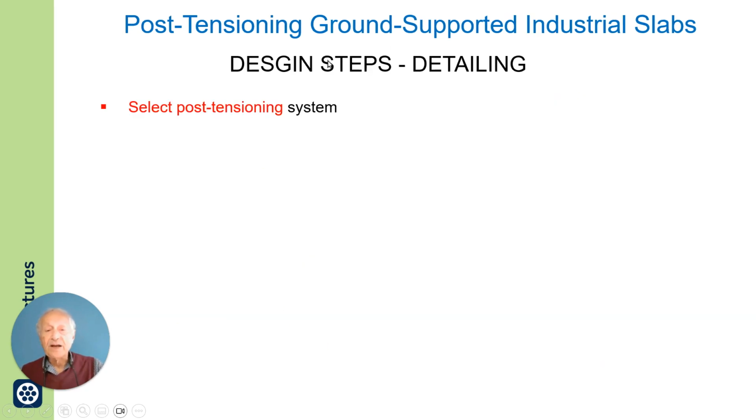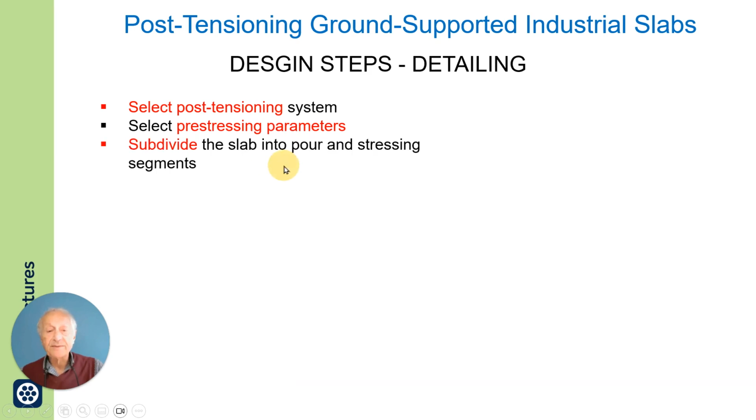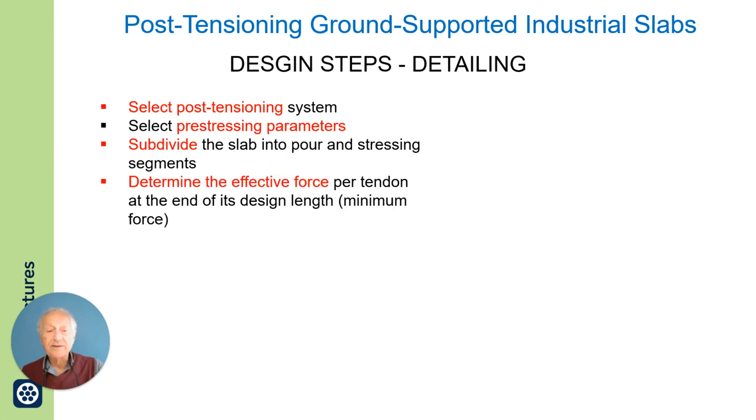Now, in our design steps, we select the post-tensioning system. By that I mean bonded or unbonded. We select pre-stressing parameters, divide the slab into pour segments, determine the effective force per tendon.